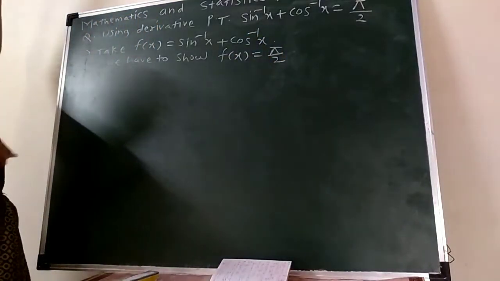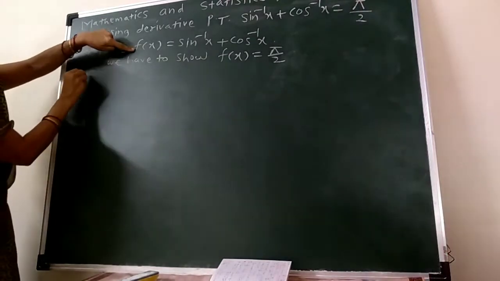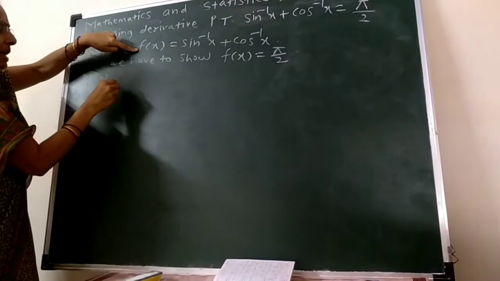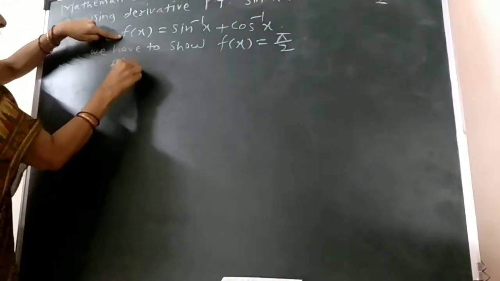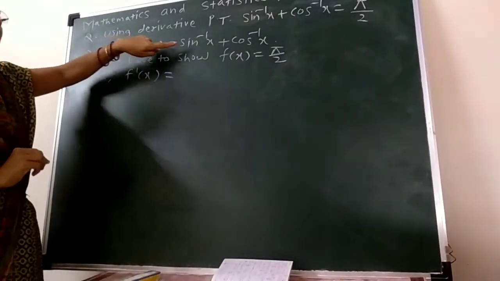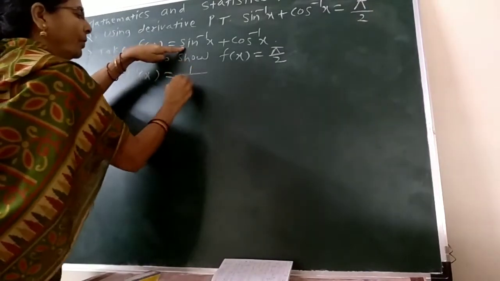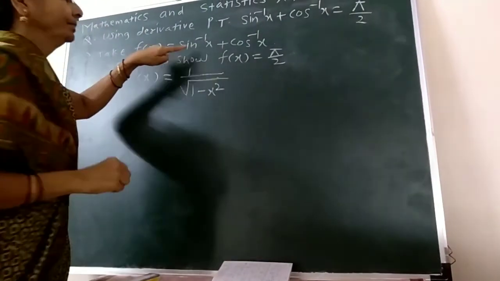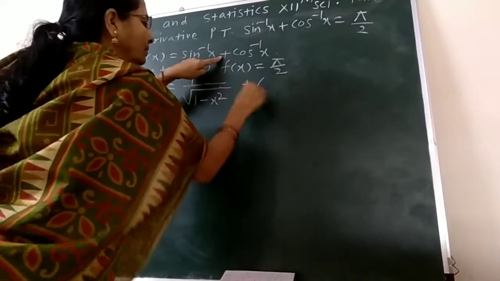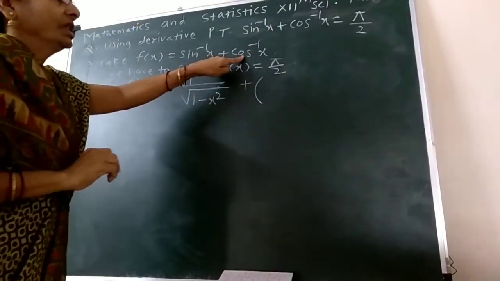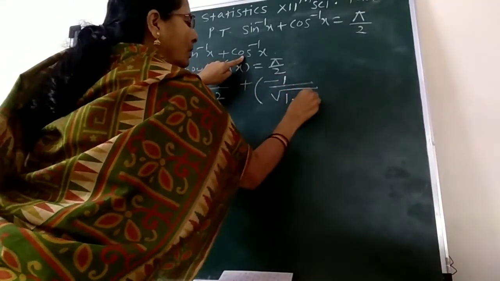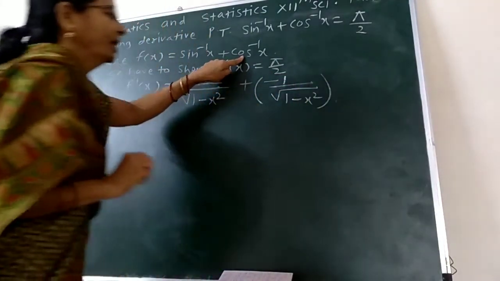Now take derivative f dash x. Derivative of this is 1 upon root 1 minus x squared plus derivative of cos inverse x is minus 1 upon root 1 minus x square.